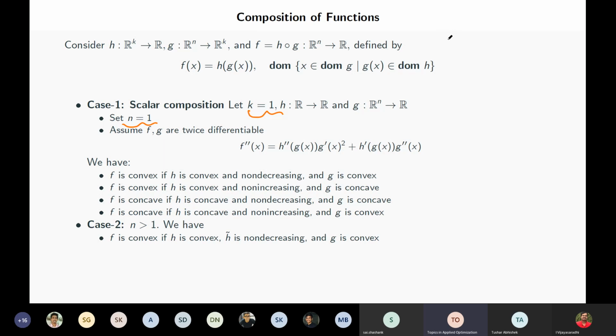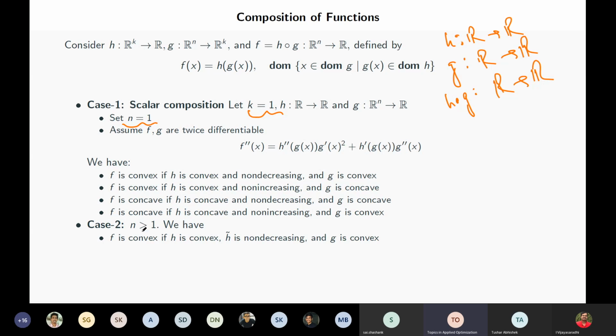So k is equal to 1. So h was r to r in the previous case, and g was also r to r. So h of g was also r to r. That was the case that we saw here, where you take this derivative and you get only real values and so on.